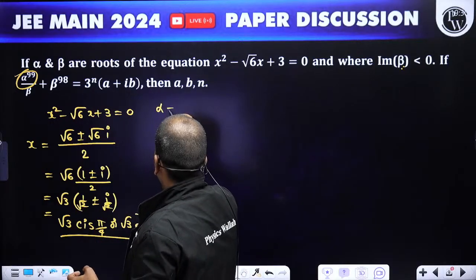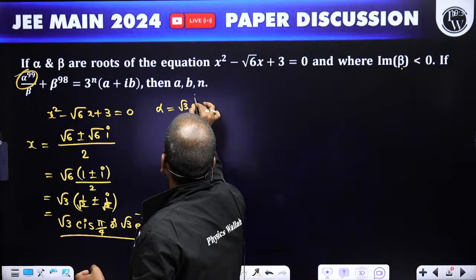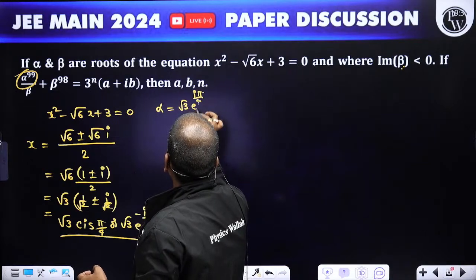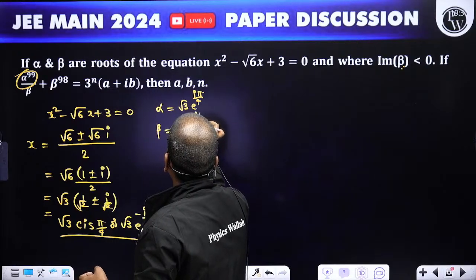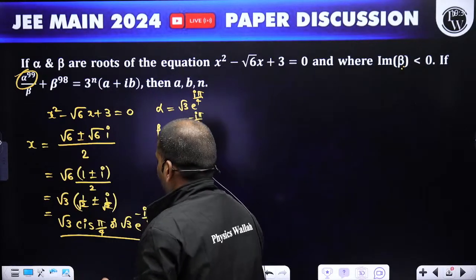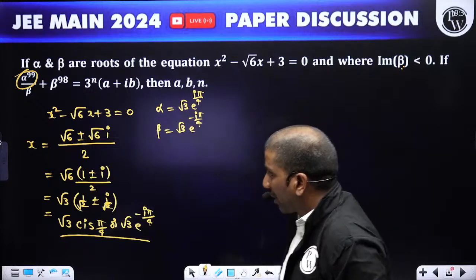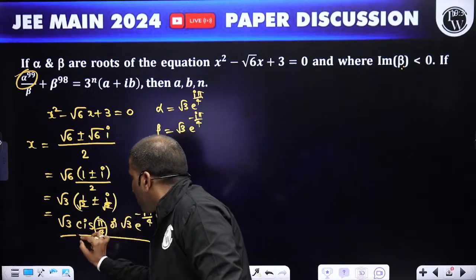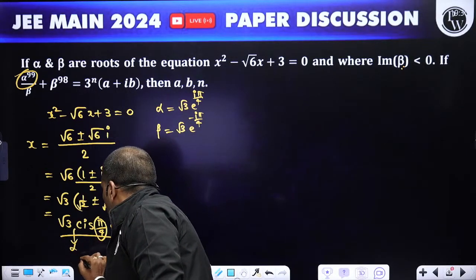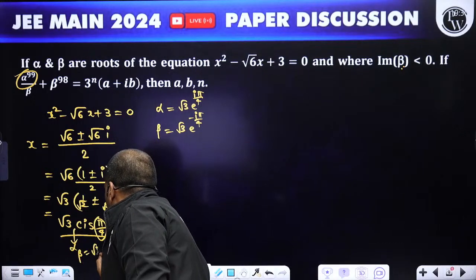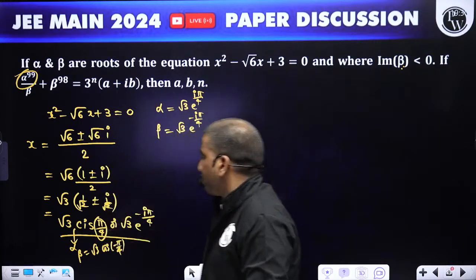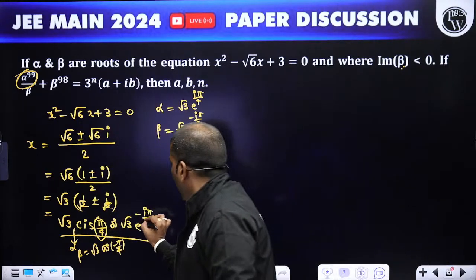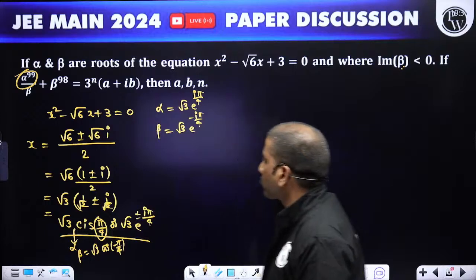So alpha is equal to root 3 times e power i pi by 4, and beta is root 3 times e power minus i pi by 4. So that's the point. Beta is equal to root 3 times cis minus pi by 4.